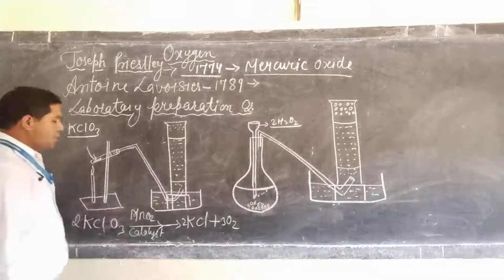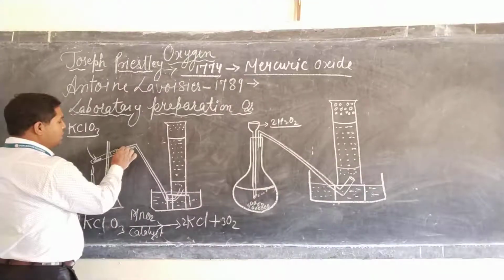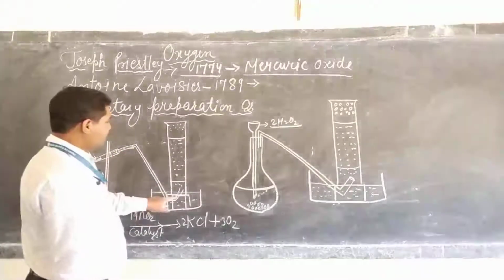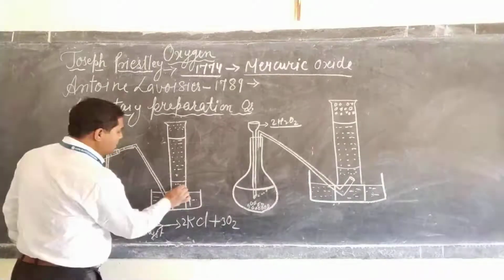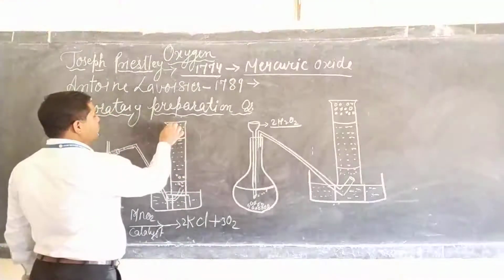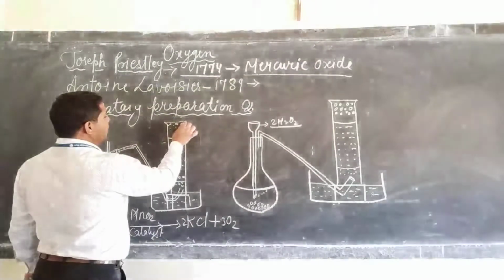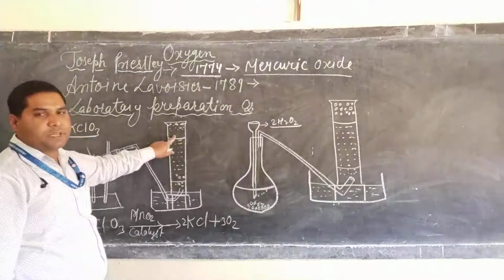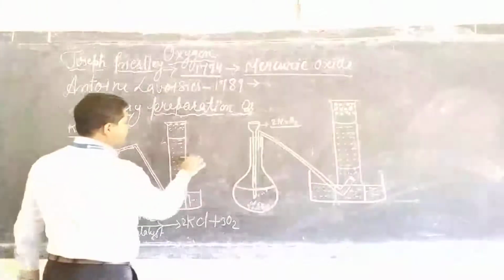You can see here, dear student, the oxygen passes through this delivery tube in the form of bubbles, and it is collected at the top of the container by downward displacement of water. Oxygen displaces the water.